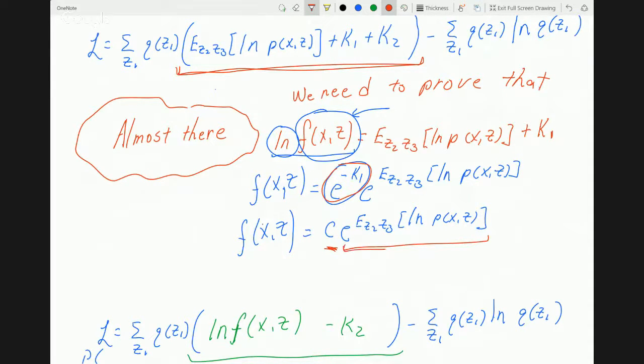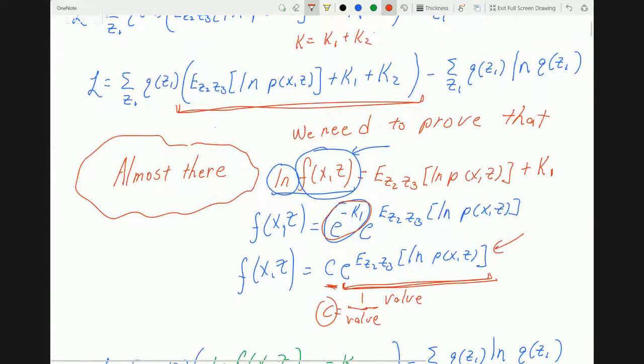And this function, if you were to take the integral over the entire thing, will have some value. As long as c is equal to 1 over the same value, this is a probability distribution. So c is just some constant that we could pick.